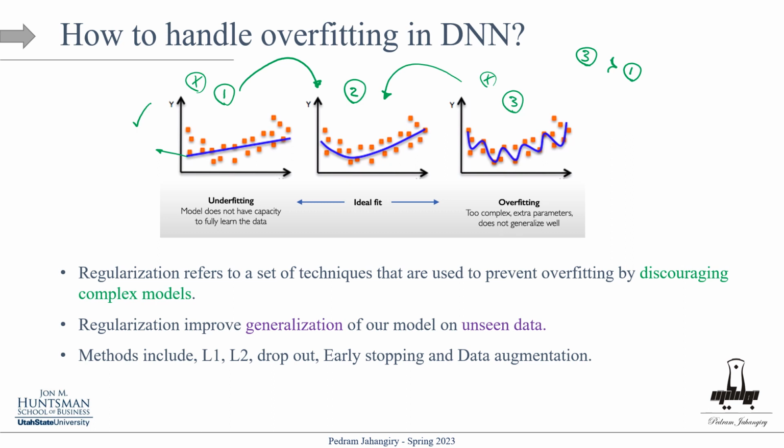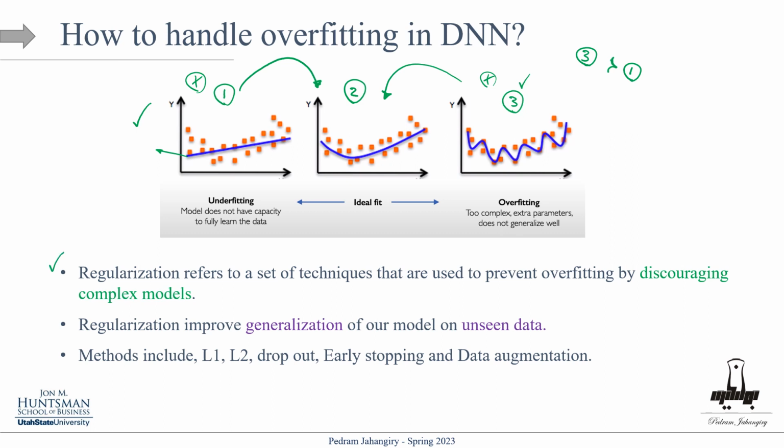I have to change the structure. In a neural network, I need to think about adding different layers, changing activation functions. So I have to make the model more complex. But if I have a model like this, number 3, the path is smoother because now you know that you have a model that can overfit. Let's go ahead and use some regularization technique and bring it back to the ideal fit, okay? So that's the general idea.